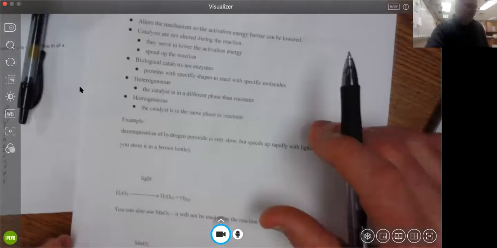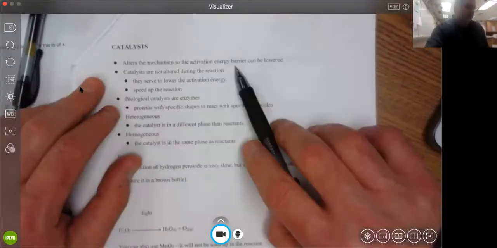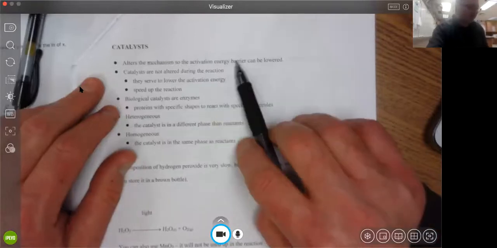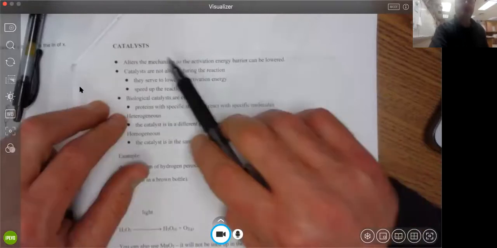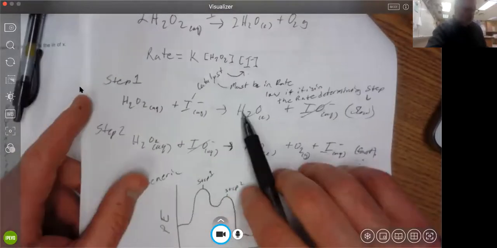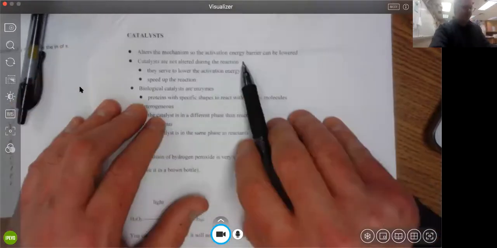We basically ran through a lot about the catalyst. We said that it lowers the activation energy or activation energy barrier. How does it do it? It alters the mechanism or has a different pathway. If you did not have any clue that these mechanisms existed before, now that may make more sense to you. They're not altered during the reaction.